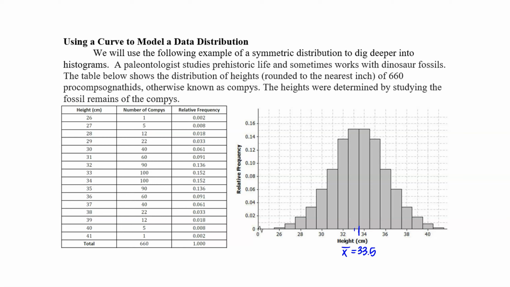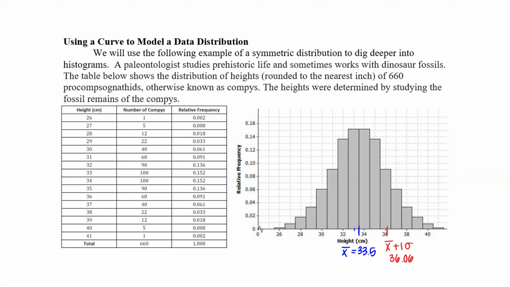If our standard deviation is 2.56, then what I want to do is add 33.5 plus 2.56 to get 36.06. 36.06 happens right about here, and that would be x bar plus 1 standard deviation above the mean, again, at 36.06.